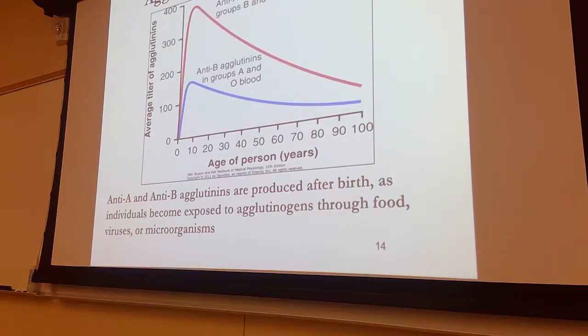The problem is, of course, as we age, if we are no longer exposed to those antigens, those T cells and B cells are like, haven't been picked yet, always the bridesmaid, never the bride.